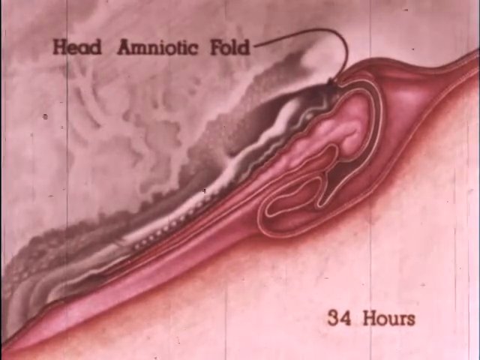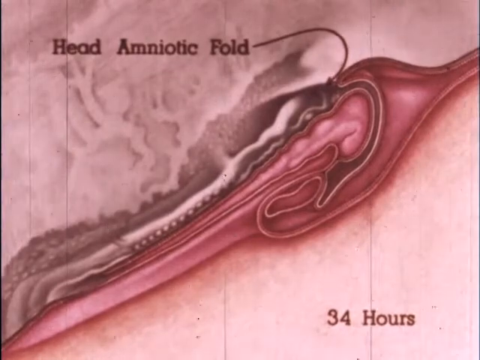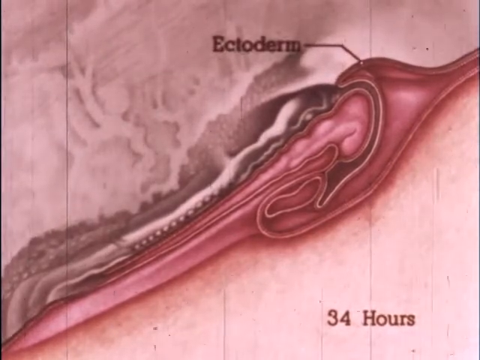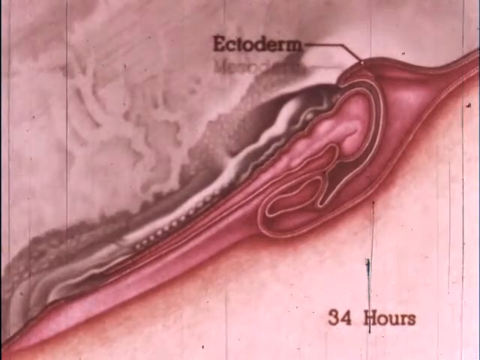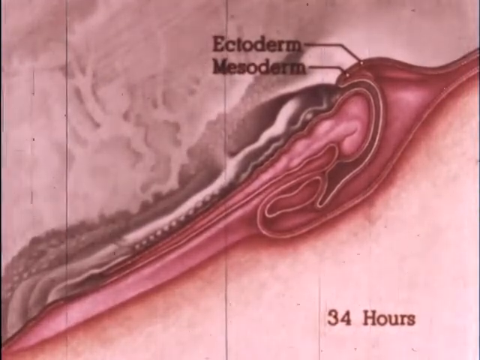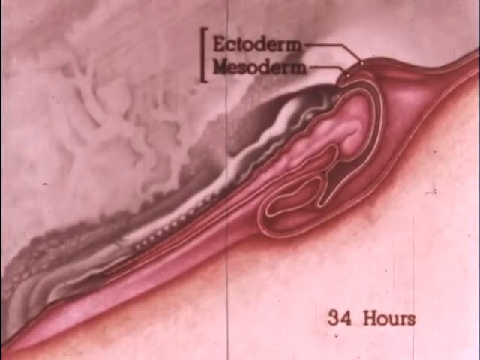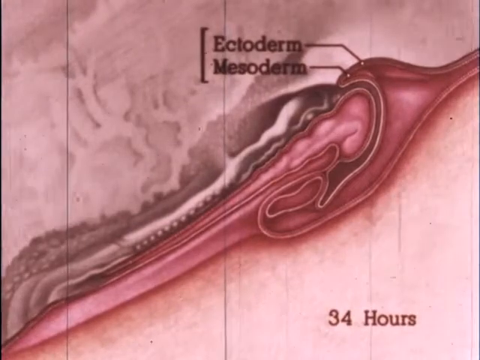This longitudinal section shows that the amniotic fold is formed from ectoderm and mesoderm. Together, the ectoderm and the adjacent mesoderm comprise the somatopleure.